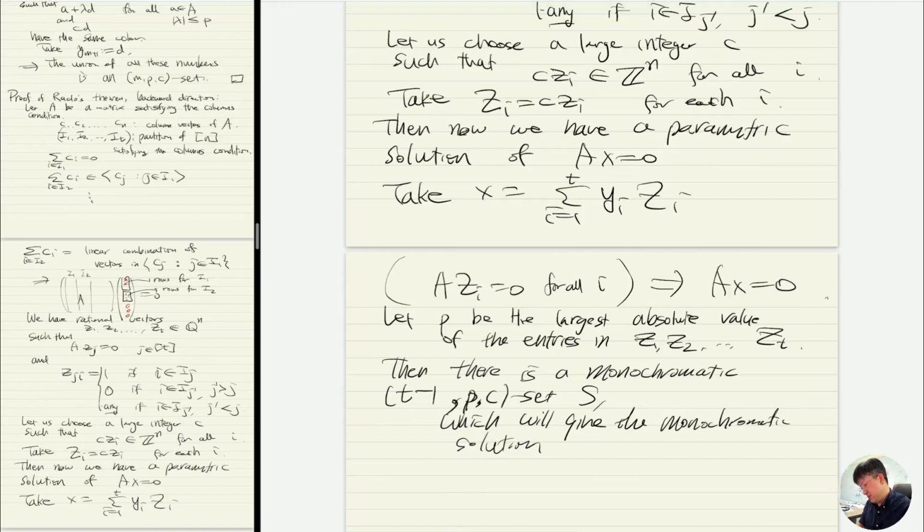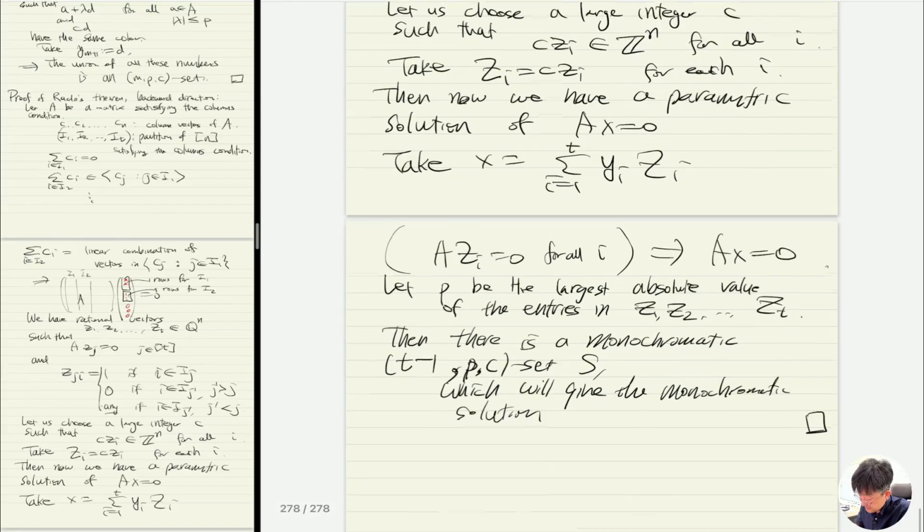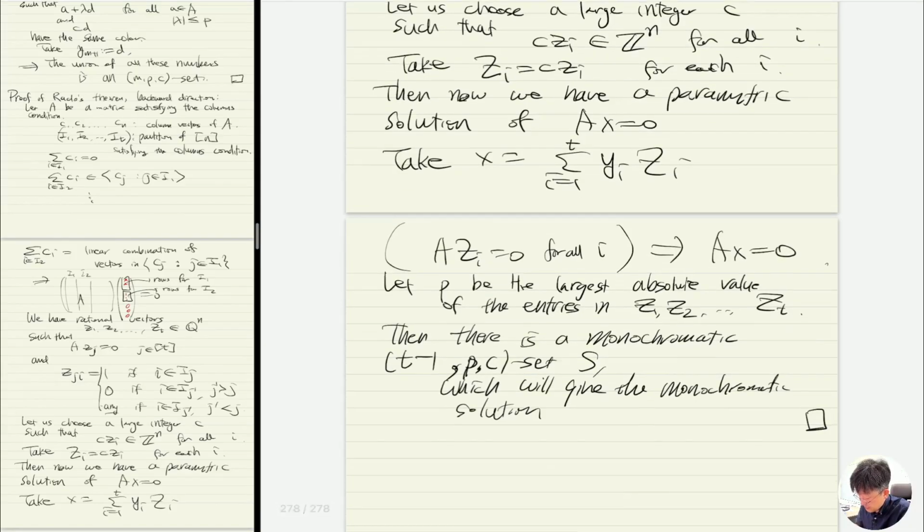Yeah, so that looks like the solution, right? So once we have a monochromatic T minus 1 PC sets, then each of them will look like C plus, oh, what is C?